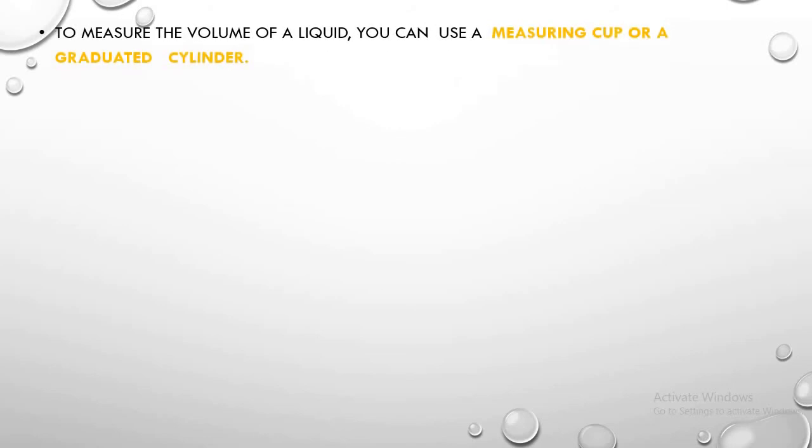To measure the volume of liquid, you can use a measuring cup. If I want to measure the volume of any liquid, I use a measuring cup or graduated cylinder. Look here.